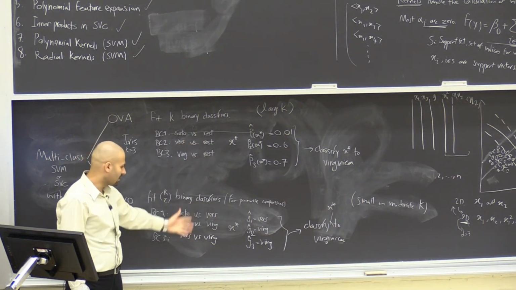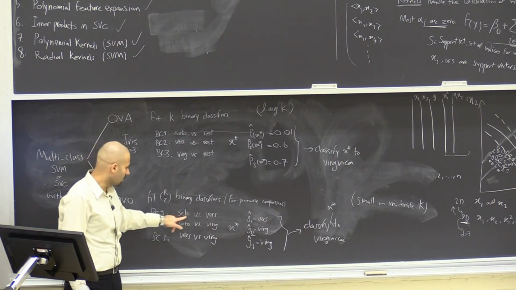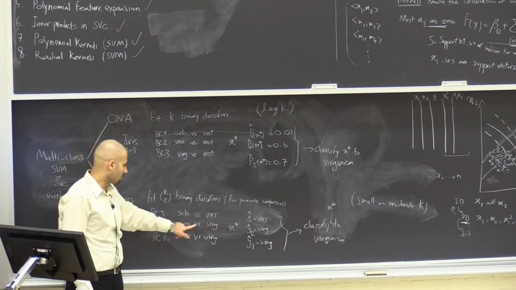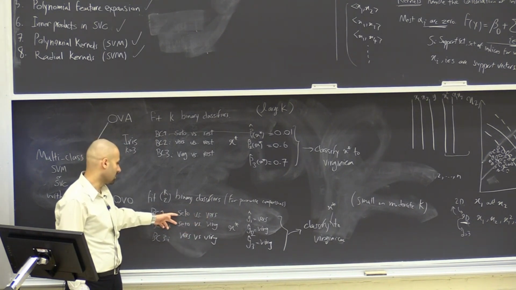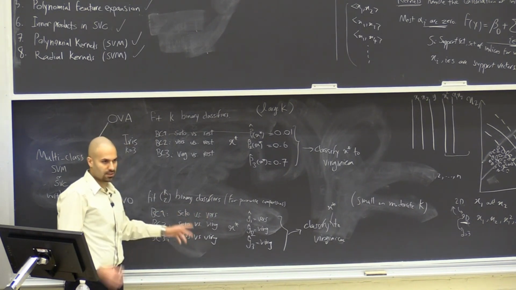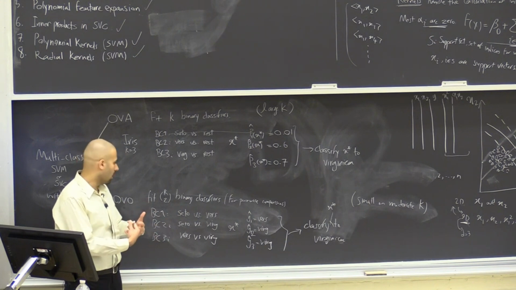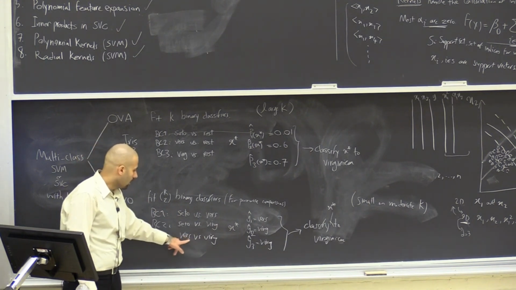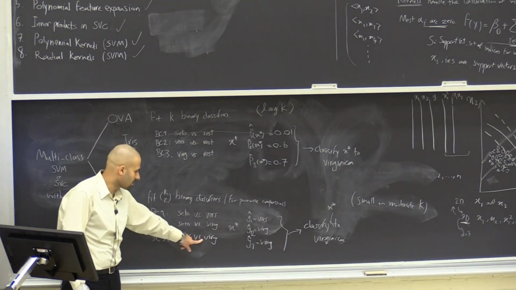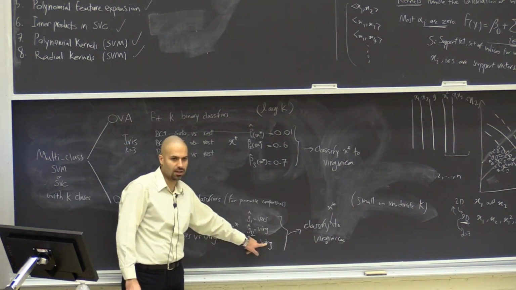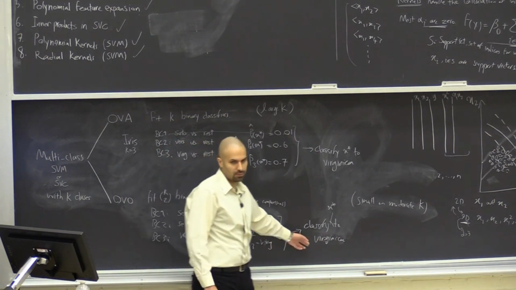But in OVO it's more intuitive, because we do the easy parts of the classification first. This is also easy because versicolor and virginica are both different from setosa. So this separation is easy. And then between these two classes that are somewhat intertwined, a support vector machine can separate them with feature expansion. And if this last one says virginica, then we would just classify to virginica.